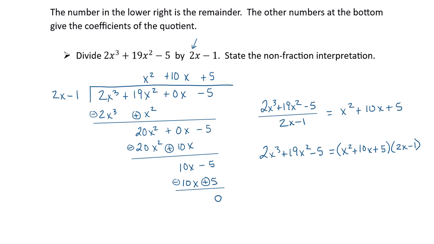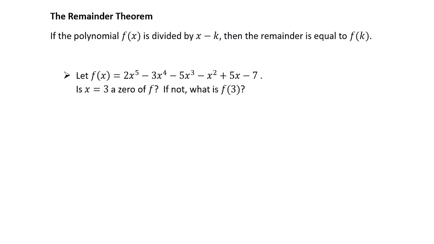It's interesting to note that we have no remainder shown here, and this is perfectly factored by dividing out by the 2x minus 1. The remainder theorem. The remainder theorem says that if a polynomial f of x is divided by x minus k, then the remainder is equal to f of k.